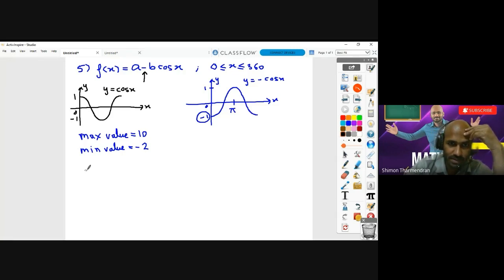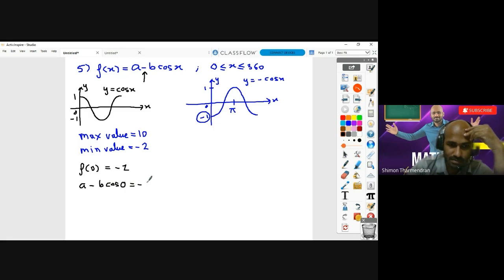So over here, f of 0 will give me the minimum value yang dia dah berikan sini, will be -2. See, the lowest value happens at 0. So I've got a minus b cos 0.